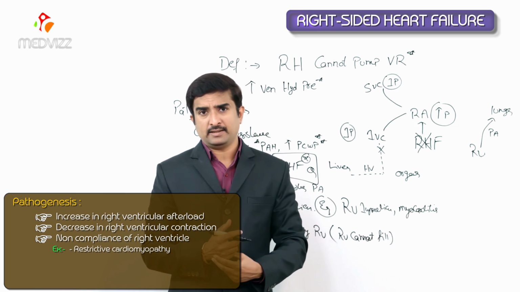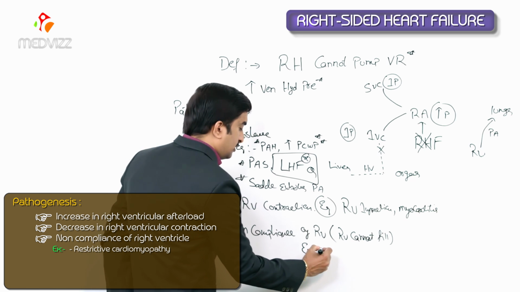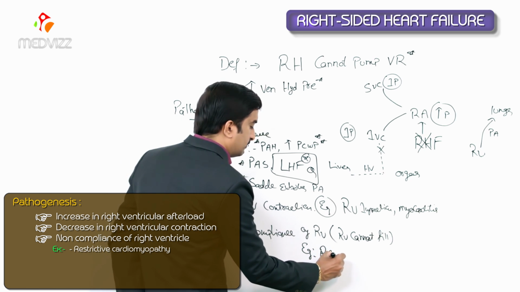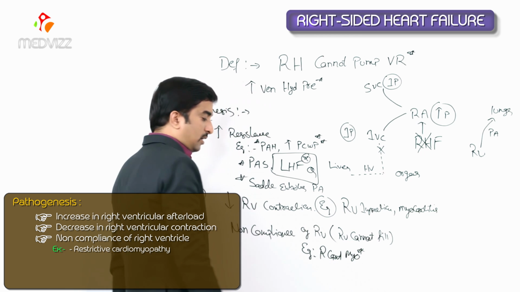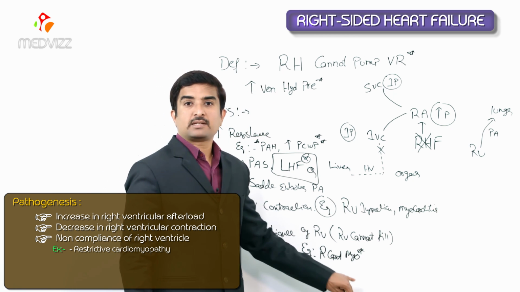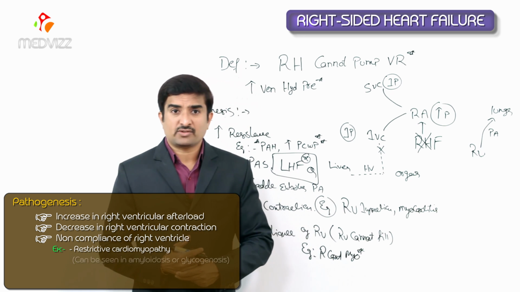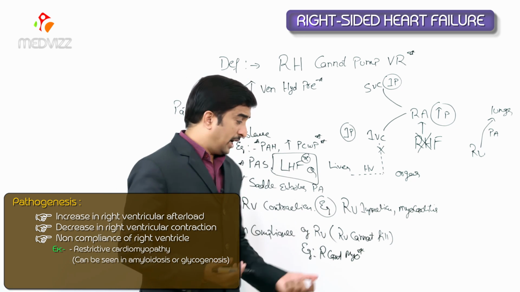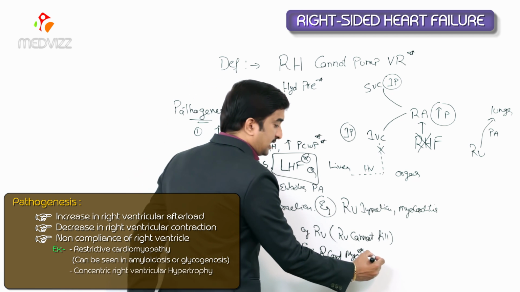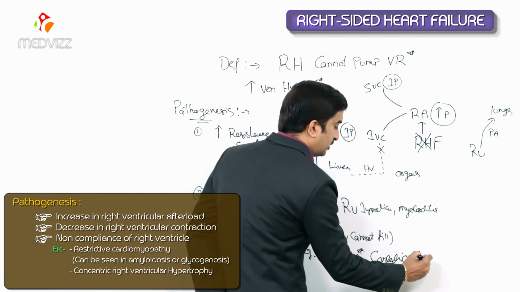Restrictive cardiomyopathy is the best example in this. The restrictive cardiomyopathy can be seen in amyloidosis or glycogenosis, and also it may be because of concentric right ventricular hypertrophy.